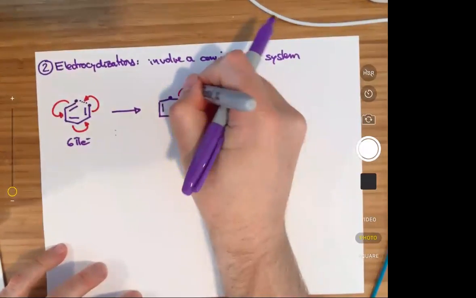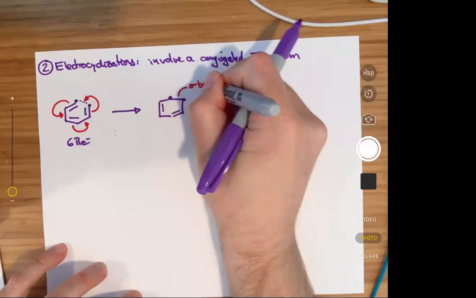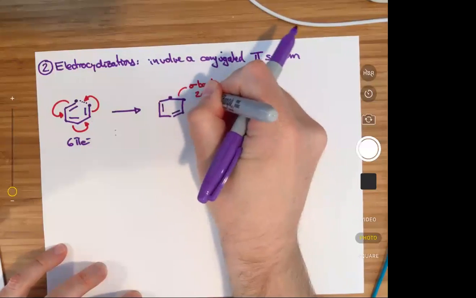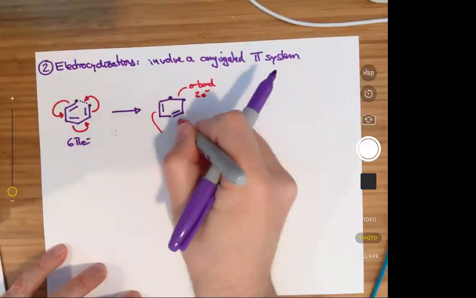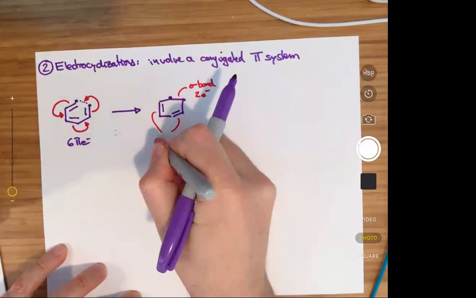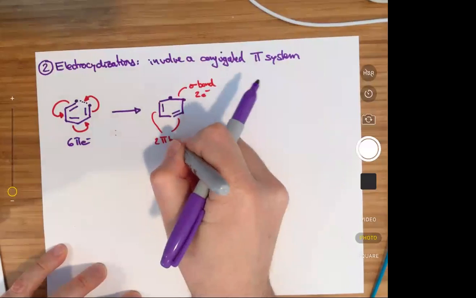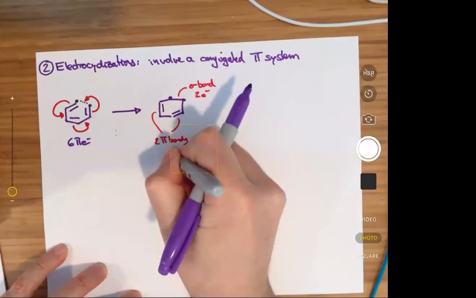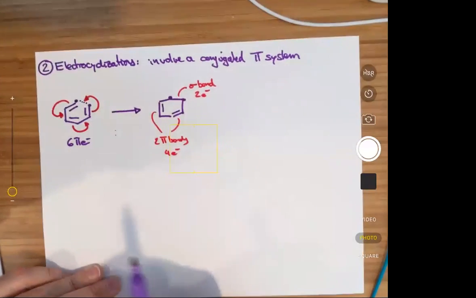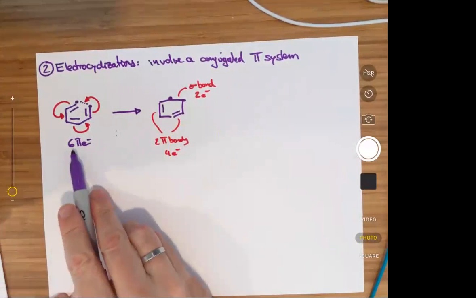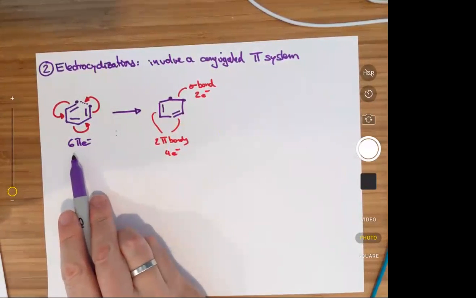So this is a sigma bond, so two electrons, and then you have two pi bonds that have four electrons. So the total electron count again comes up to the 6 electrons that we had originally in the system.